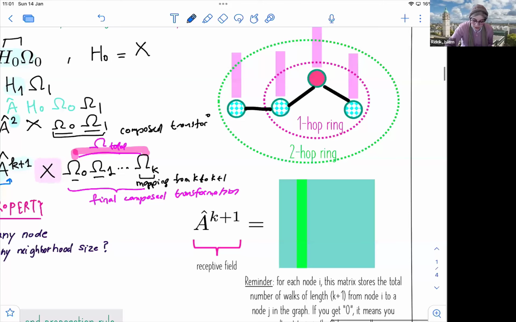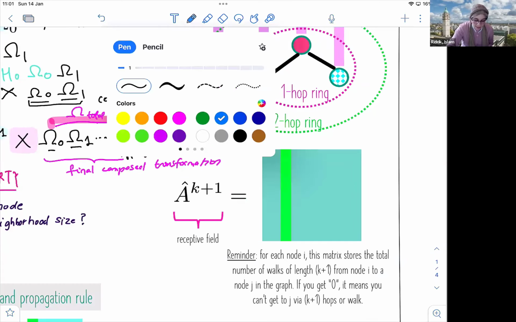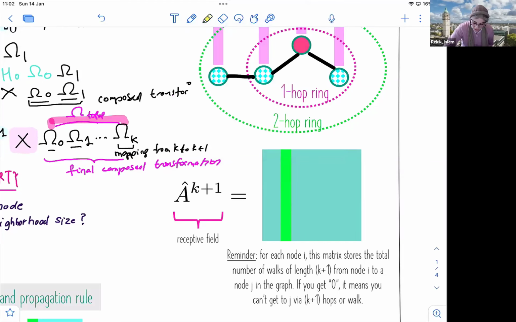This is a reminder from the previous lectures. If you take a matrix A and raise it to the power of K or K plus 1, it means that this matrix will store the total number of walks of length K plus 1 from node I to node J in the graph.